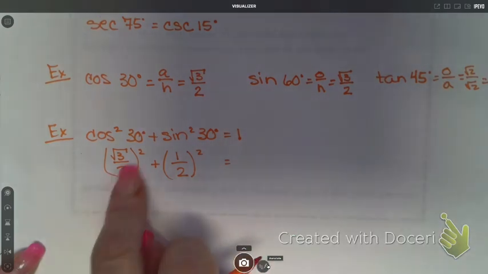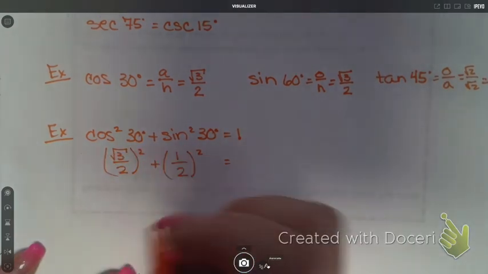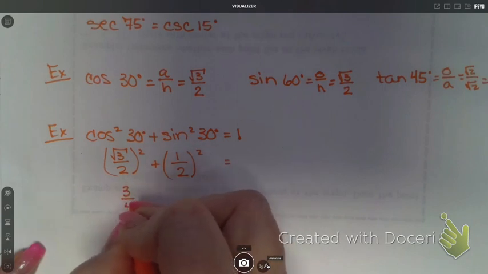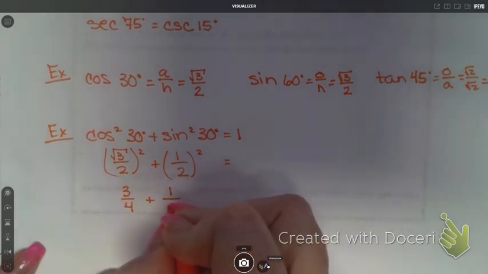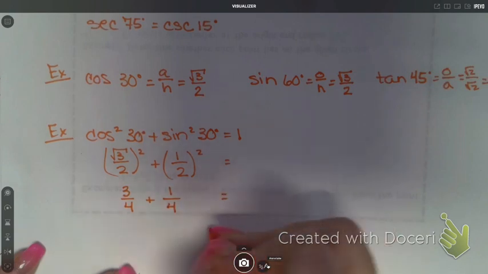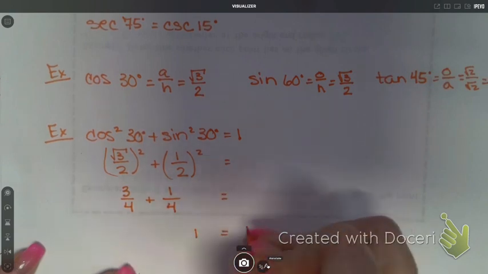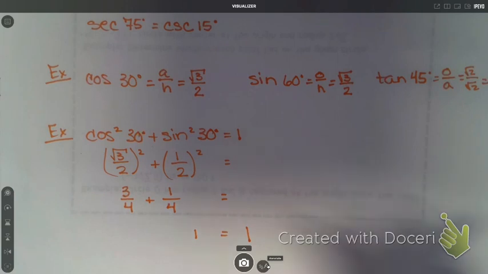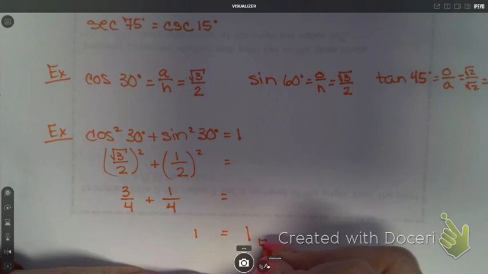Well, 3 over 4 plus 1 over 4, which is 1. Which you can do 4 over 4, but I can go for 1 there. Oh, and I had to show that, so that's something I got to put a box on, right?